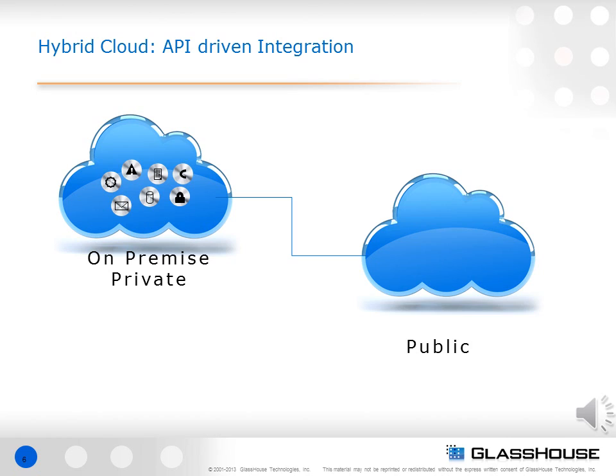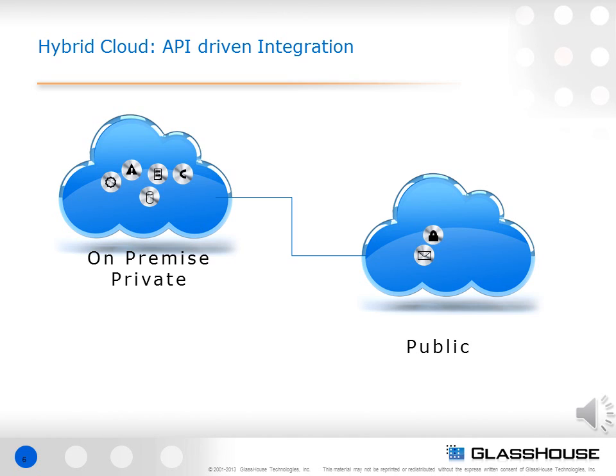A much better way is to link your clouds together at an API level. So like before, we have our private cloud on-premise with some applications running on it, and we have our public cloud. Only this time we've linked them together at an API level. Rather than uninstall and reinstall our applications, we can now move our applications dynamically between the clouds, offering the flexibility and the agility that the business demands.